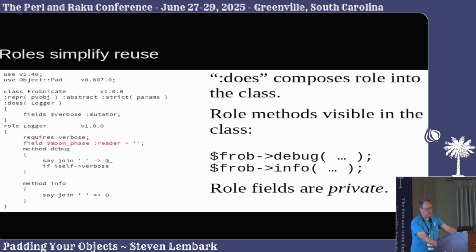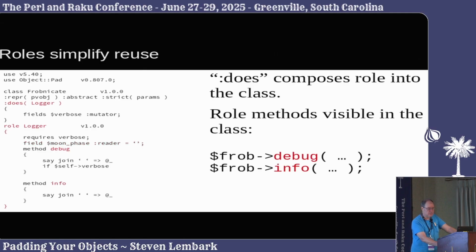I picked that out of the sky, but the point is that a role's fields are private to the role, just like a class's fields are private to the class. If you want to have roles adding attributes that people can access, put a reader on them at least, or a writer, or a mutator. Do something, because the values themselves, the fields are private to their encapsulating scope.